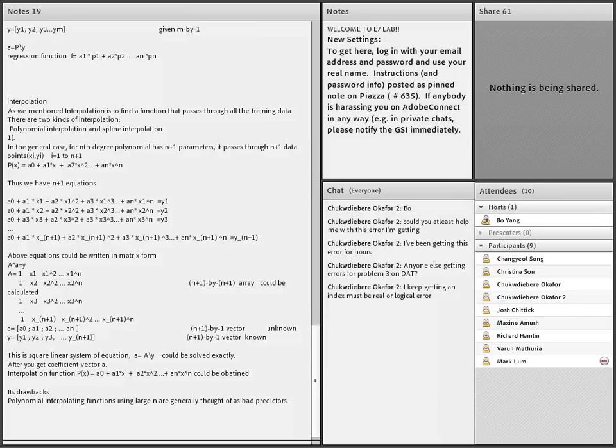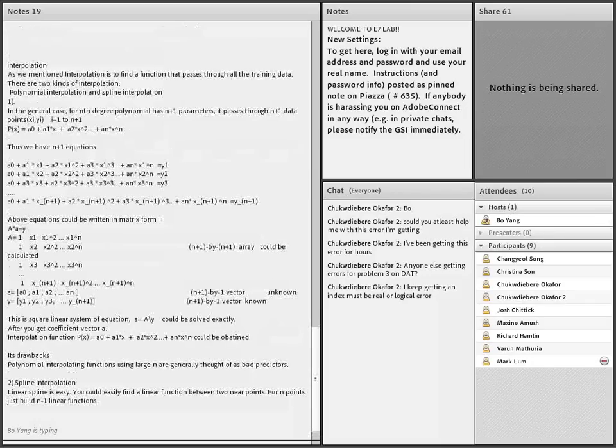We can use the data of two near points to get a linear function. So it is very easy. For n data points, we can get n-1 linear functions.